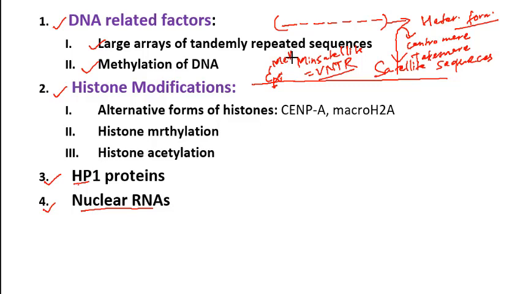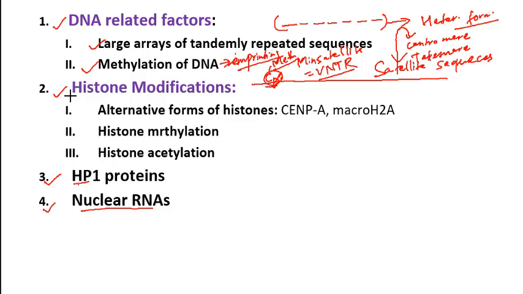In such sequences, you will find methylation. And when some part of DNA is methylated, that part of DNA is liable for heterochromatization, or heterochromatin formation. The best example is imprinting. In imprinting, you will find methylation of DNA, and that DNA will be heterochromatized.